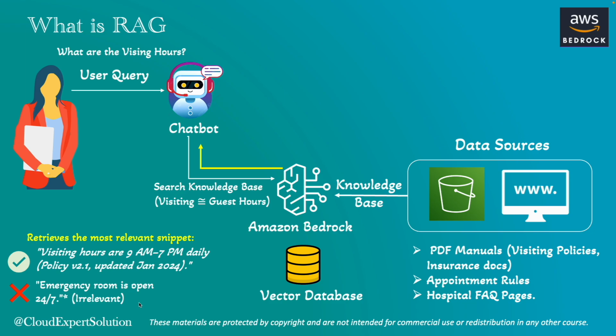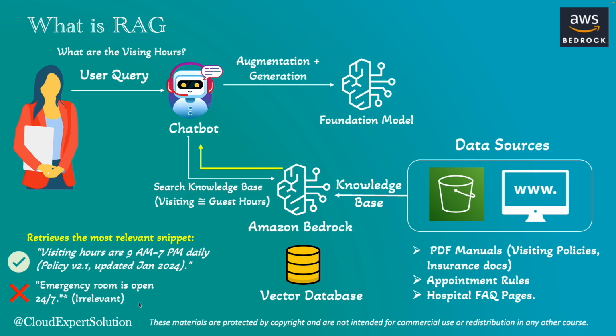Then the next step is to generate a response using the LLM. Let's assume that we have a foundation model, which is Amazon Titan. Now Bedrock feeds the retrieved snippet to the LLM, which is Amazon Titan, with instruction.